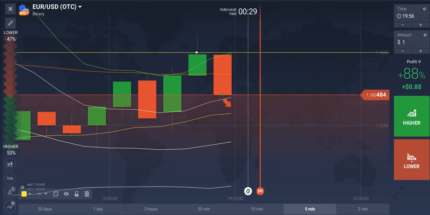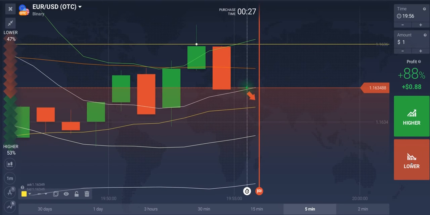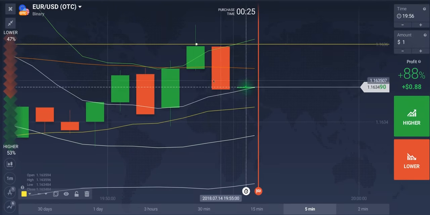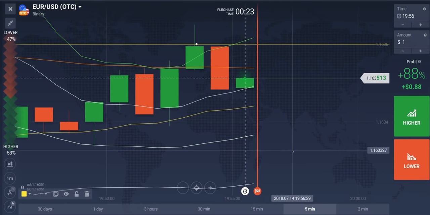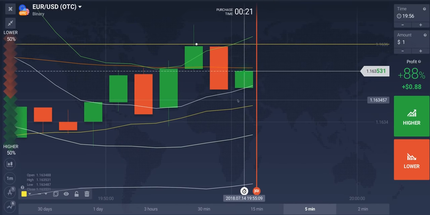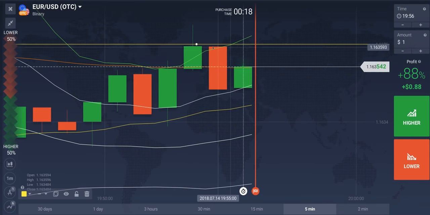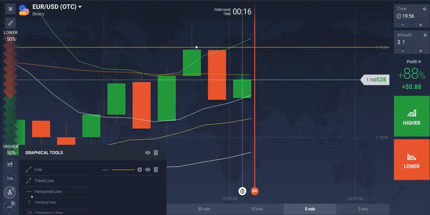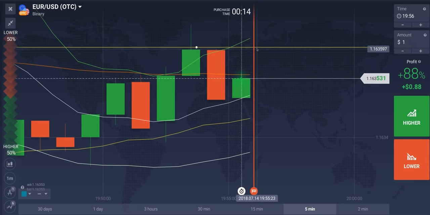Okay, broke the level. So now we have sellers strong entry here. So let's just plot the body reversal.